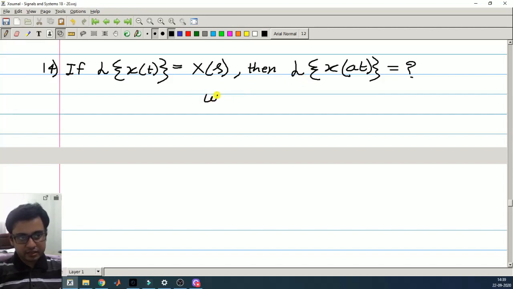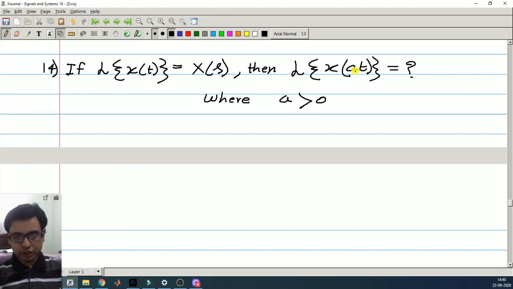And here we will take a to be a positive number, because if x is a causal signal and if you take a to be negative, then x(at) will not be a causal signal.